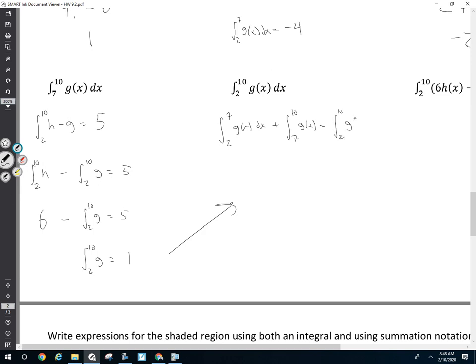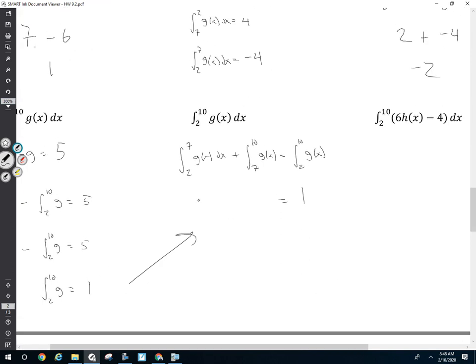I found 2 to 10 of g is 1. 2 to 7 of g I found was negative 4. 7 to 10 of g is what I'm trying to find. I get 7 to 10 of g is 5. That's the answer to that.